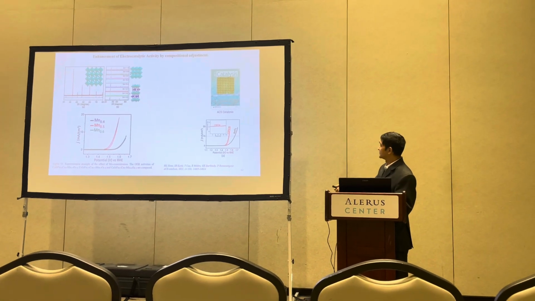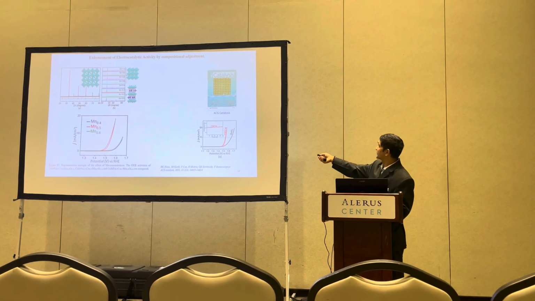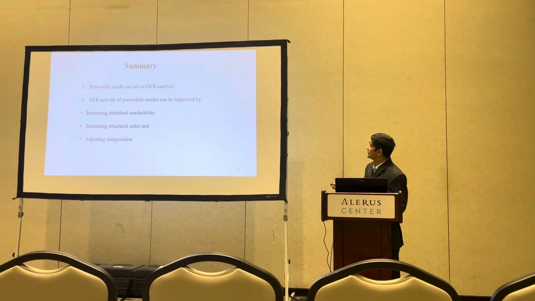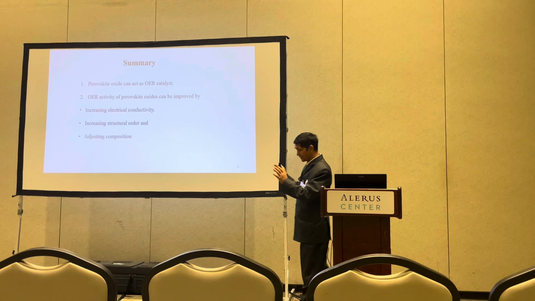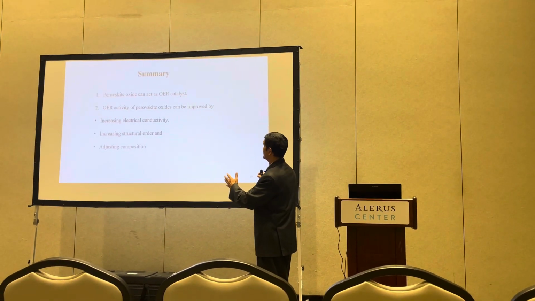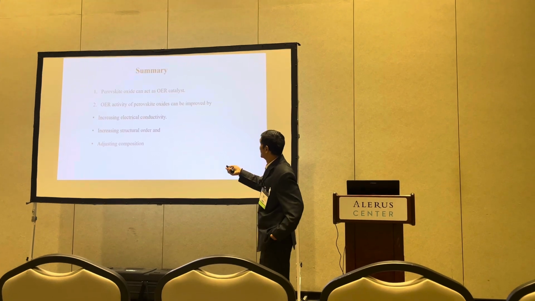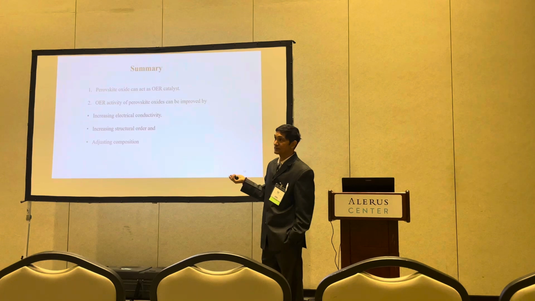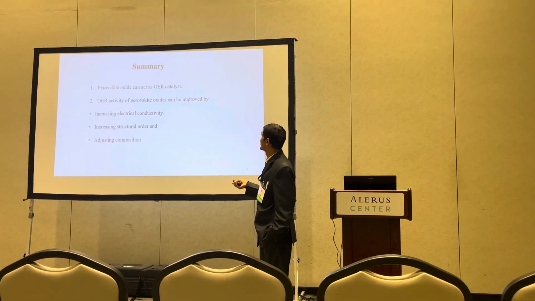And we published this paper in ACS Catalysis. In summary, before the summary, we did many materials. We tested them for OER activity, and some of them worked better, some of them did not work.